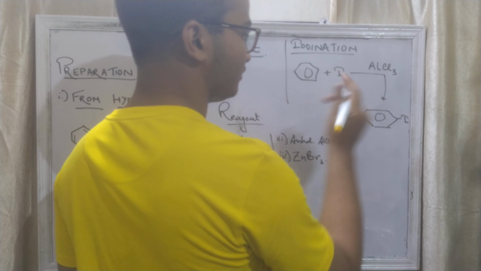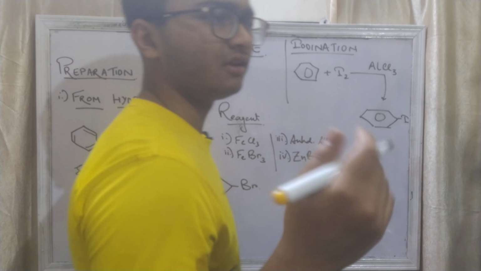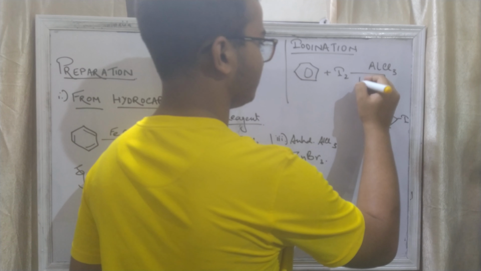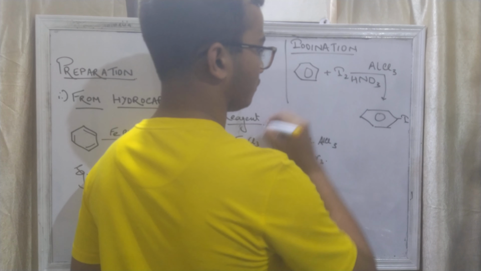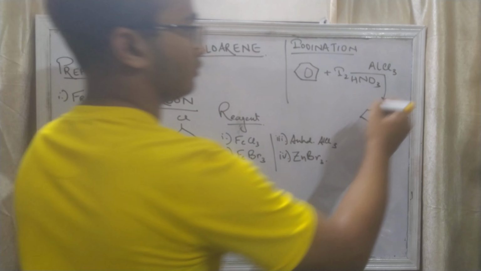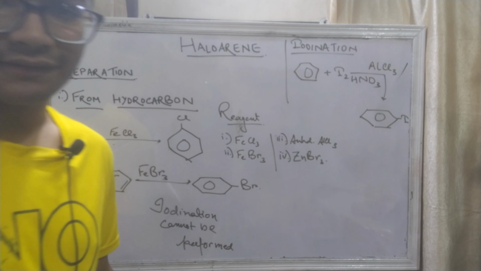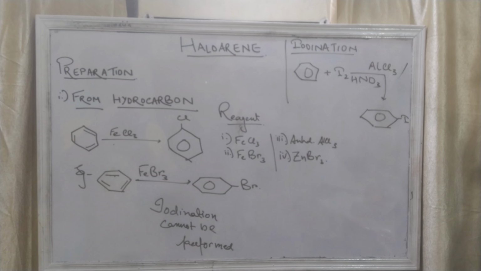In case of AlCl3, you have taken AlCl3 for this case. You can also take the nitric acid, HNO3. Okay, so this was from the preparation of your haloarene from the hydrocarbon.